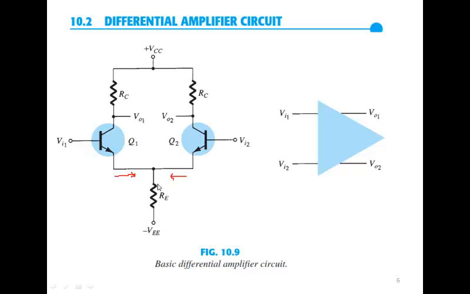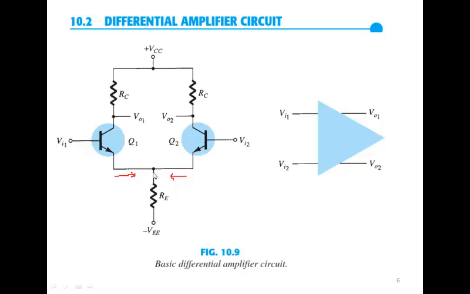So because this emitter resistance is kept very large, the magnitude of the current through this resistance would be very small. It means if this current is very small, then potential here would not change very drastically, and there would only be a slight change in the potential here.